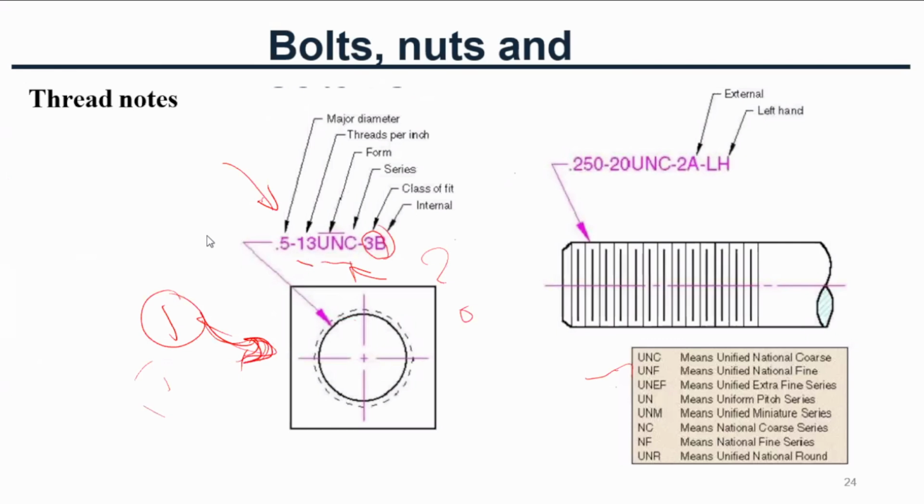Likewise, we can understand this second image, this one is an external thread. So we can follow the same procedure. 0.25 means major diameter, 20 means threads per inch. UNC means coarse series, Unified National Coarse. You can identify the meaning of UNC using this box.